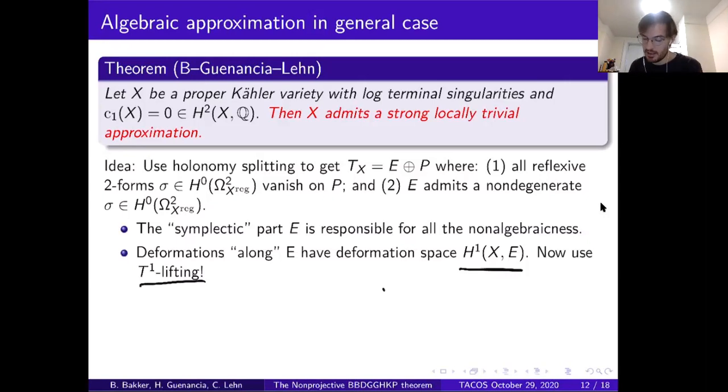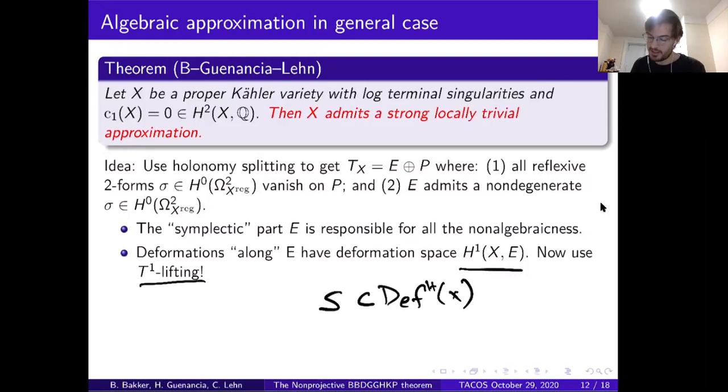So we're not showing that all locally trivial deformations are unobstructed. This may well not be smooth, but there's something sitting inside it which is smooth and which is responsible for all the non-algebraicness.